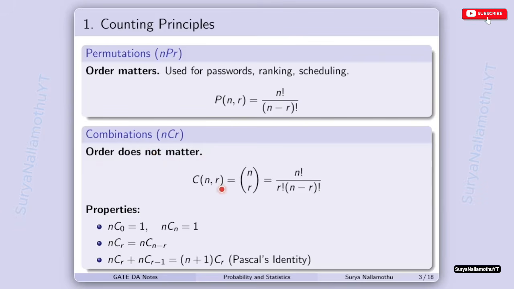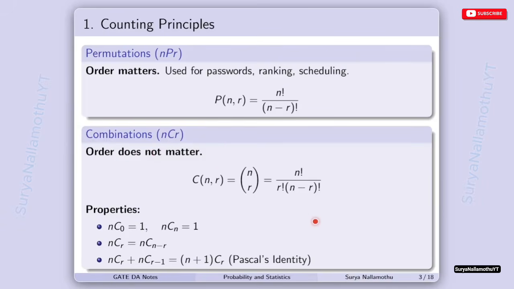For example, if we have a ring with three items like 1, 2, 3, there is no order among them. It may start from 1 to 3, or 2 to 3 to 1, or 1 to 2. In such situations we use combinations, which is nothing but choosing.